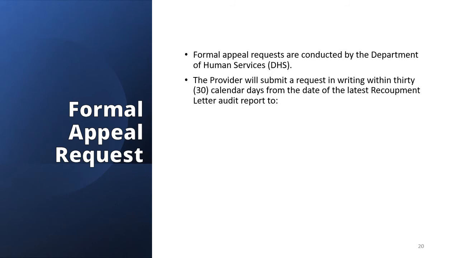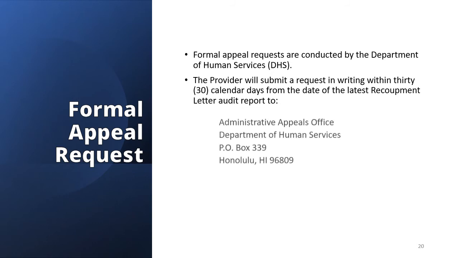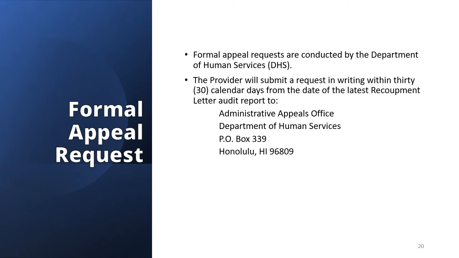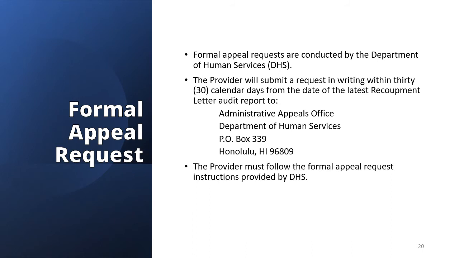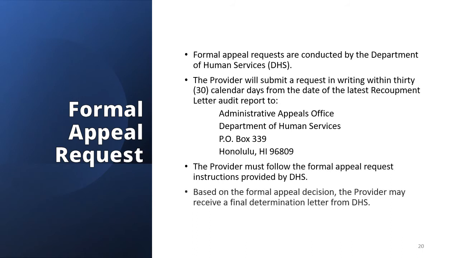All formal appeals shall be submitted to the Administrative Appeals Office, Department of Human Services, at P.O. Box 339, Honolulu, Hawaii 96809. Based on the formal appeal decision, the provider may receive a final determination letter from the Department of Human Services.